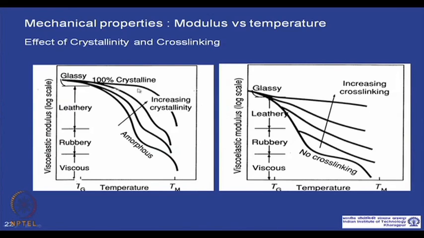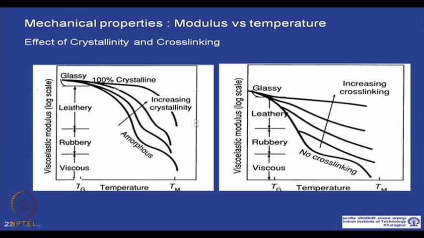So, this is what I was discussing just a minute ago: for a semi-crystalline polymer, with increasing crystallinity the elastic modulus goes up, whereas in the case of a material with cross linking, the modulus goes up further.